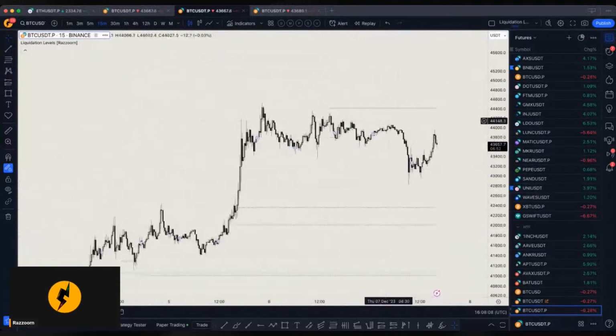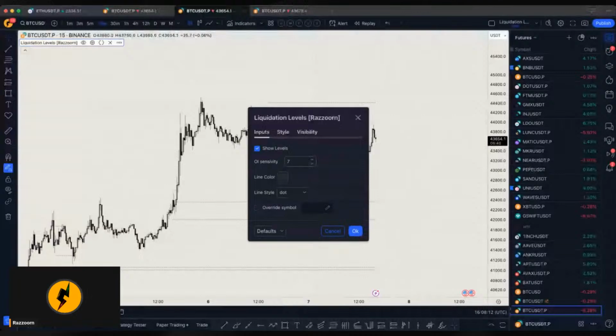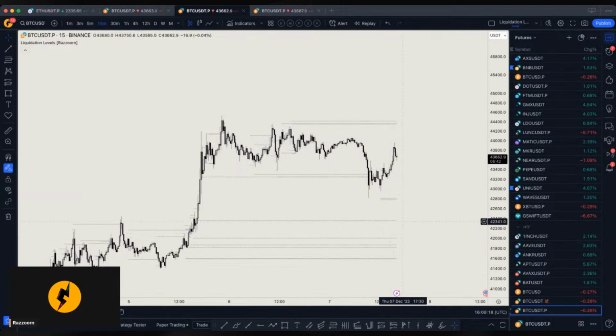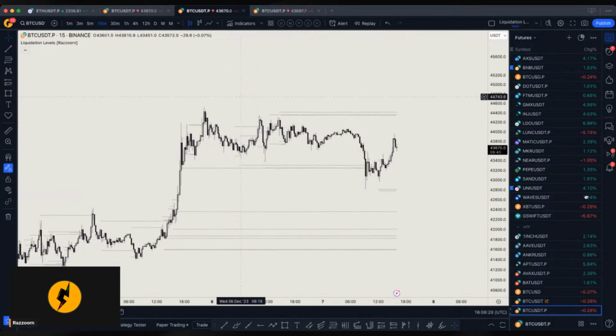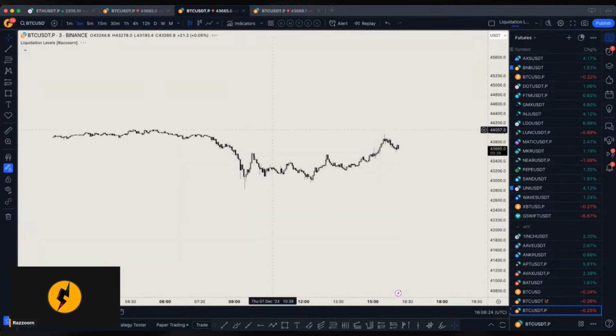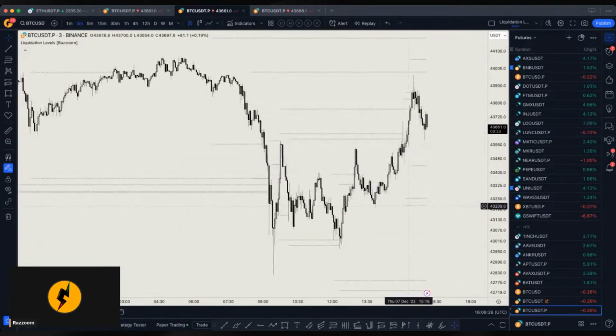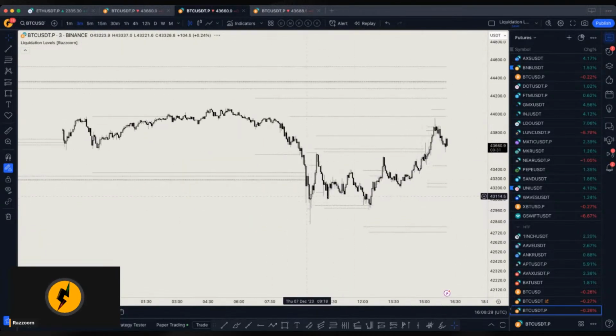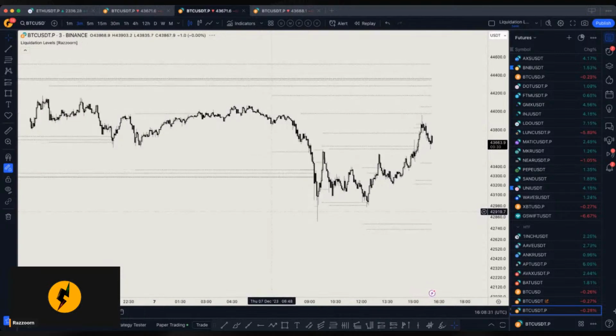But for example, when you're scalping, you can lower it a little bit. You can put it on 3 or 4, and you get more levels basically. If you go on 3 minutes to scalp, you get a lot more levels to work with, right?